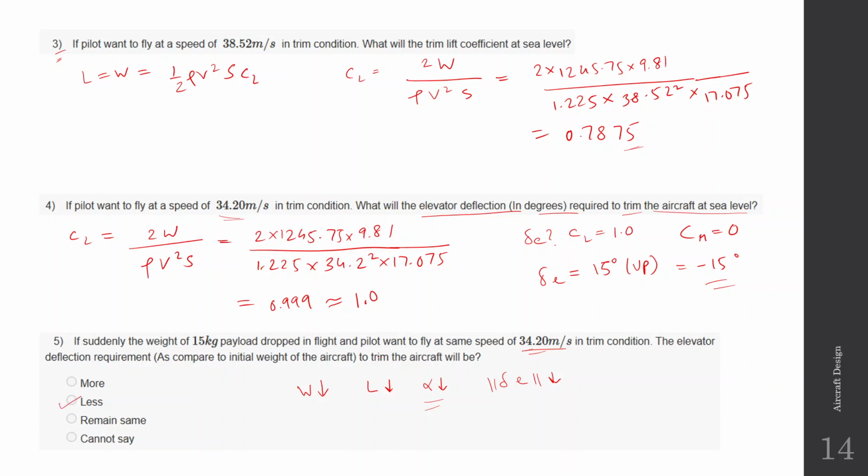When you have a heavier weight, you need more elevator to pitch up the aircraft to maintain that kind of flight. But when your weight has been lost, then lesser angle of attack is required, and hence lesser elevator deflection is required to maintain the same flying conditions.